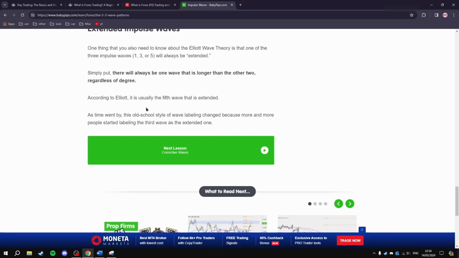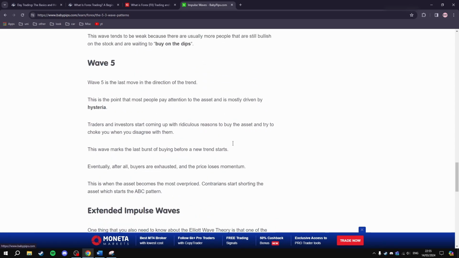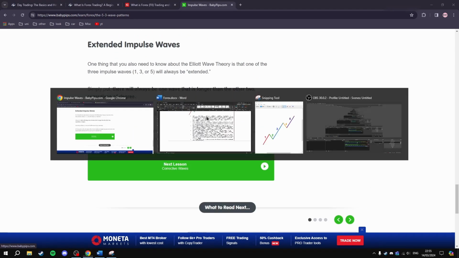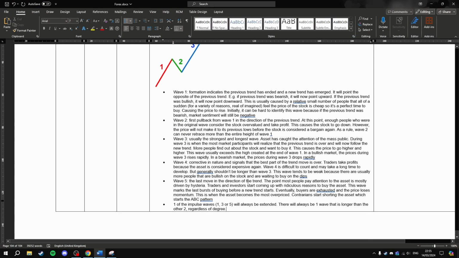According to Elliott, it is usually the 5th wave that is extended. So the last one, this one here.